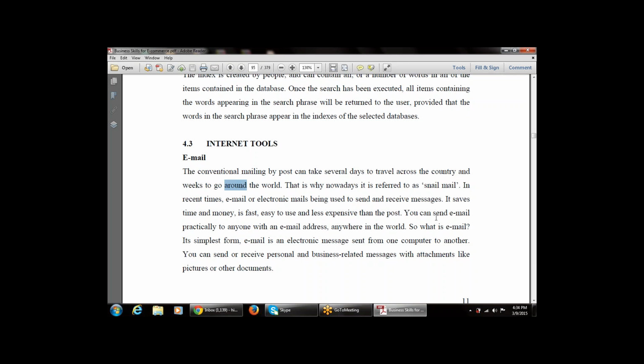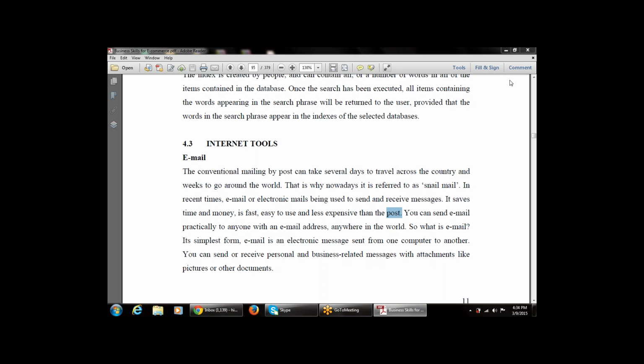The main advantage is that it saves time and money. It is very fast, easy to use, and less expensive than the post. Post means the traditional way, that is using the postal system, in which we write a letter or postcard and send it to another person.